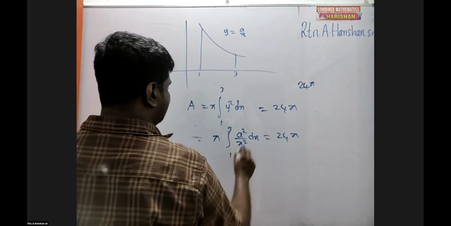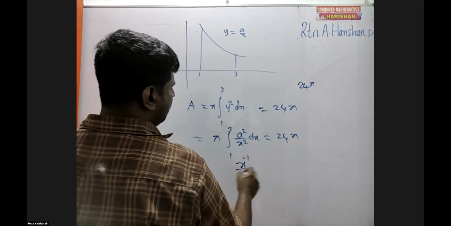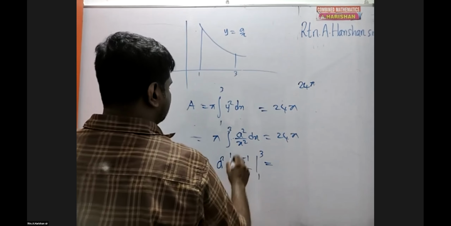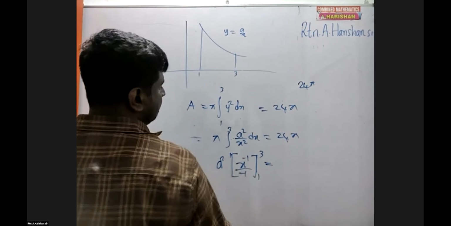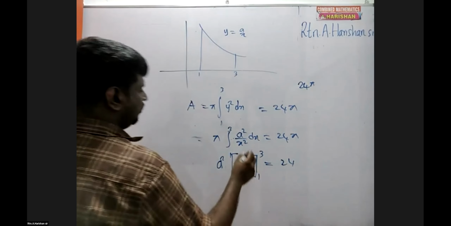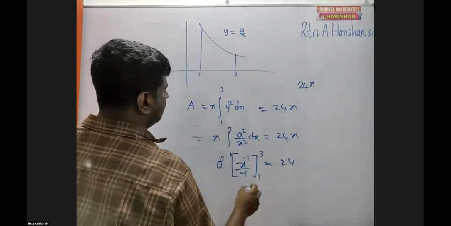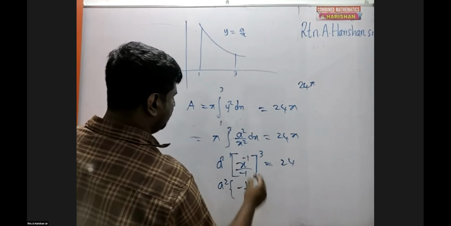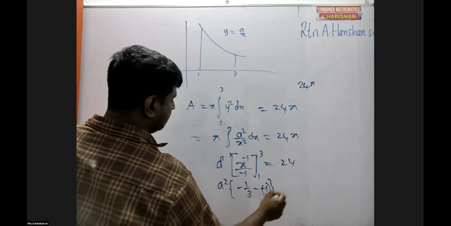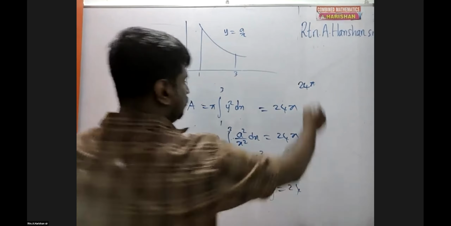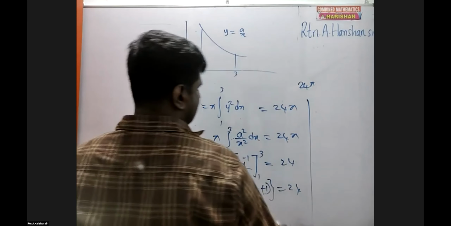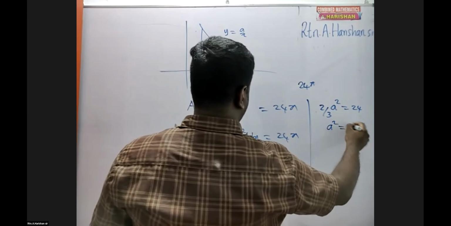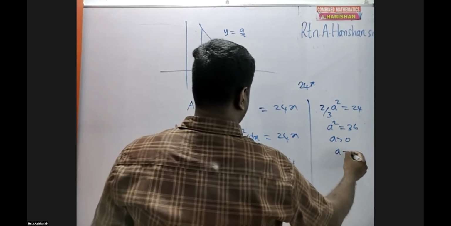Integrating x to the power minus 2 gives minus 1 over x, with A squared outside. Putting in 3, minus 1/3, minus putting in 1, minus 1, equals 24. So the answer is 2 by 3 A squared equals 24, A squared equals 36, A greater than 0, so A equals 6.